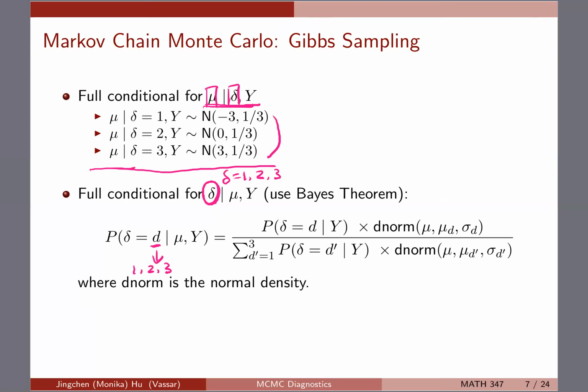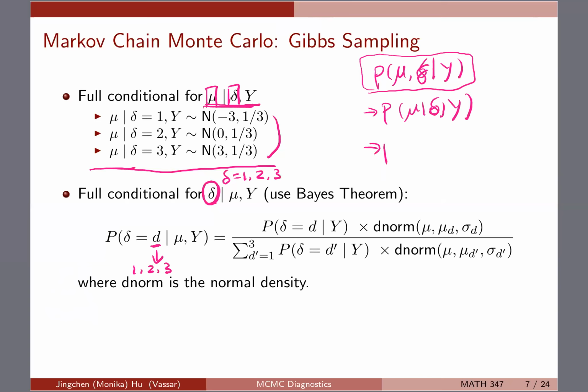If you know the joint distribution of mu and delta, you will try to derive it, right? Like what we have done so far. If you know what mu and delta given y is, you start trying to derive it. So you say what you know, and then you try to get mu given delta and y, and then you try to get delta given mu and y.